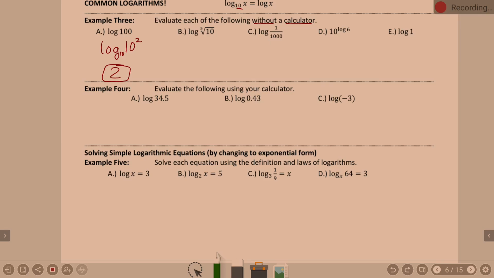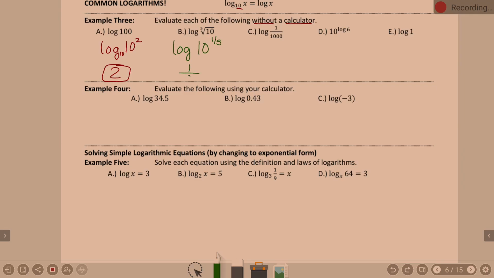Thoughts on B? Log of 10 to the 1/5. How do we do a fifth root? A fifth root is the 1/5 power, right? So if you're going to write log of 10 to the 1/5, now I'll believe you when you tell me the answer is what? 1/5.